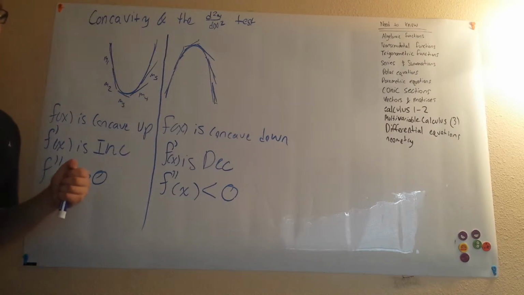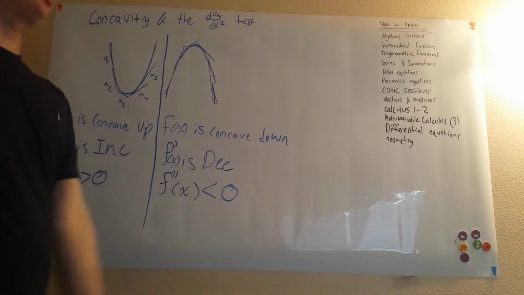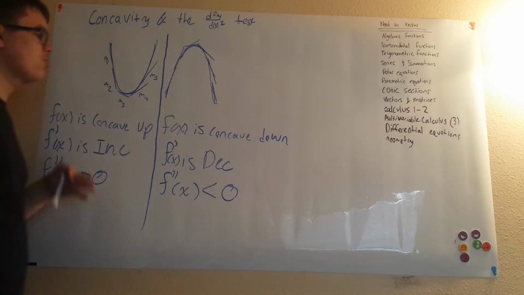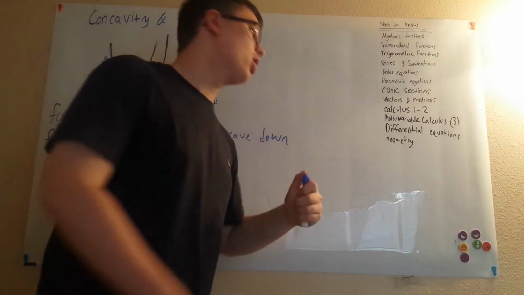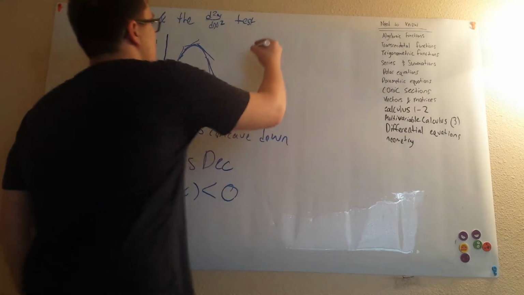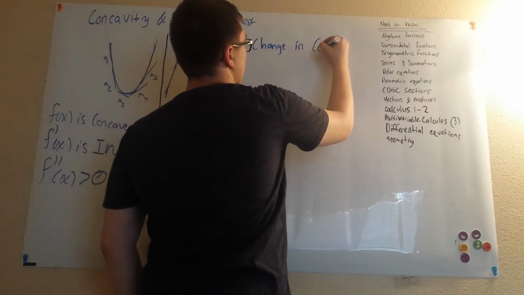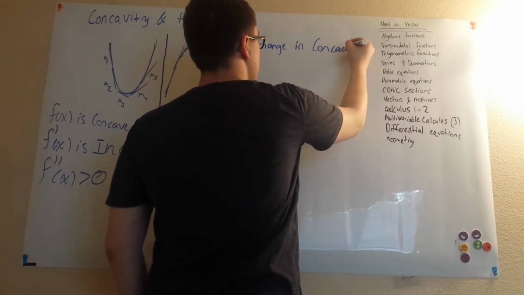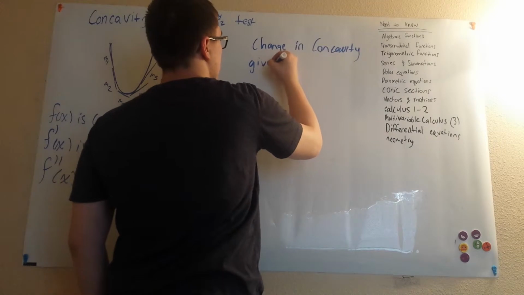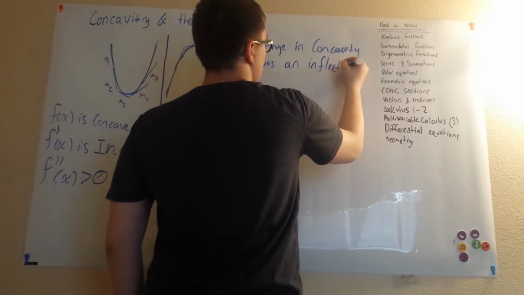What if you have a change in concavity? Remember, if we change from increasing to decreasing, we got relative extrema. What if you change from concave up to concave down? The change in concavity gives an inflection point.